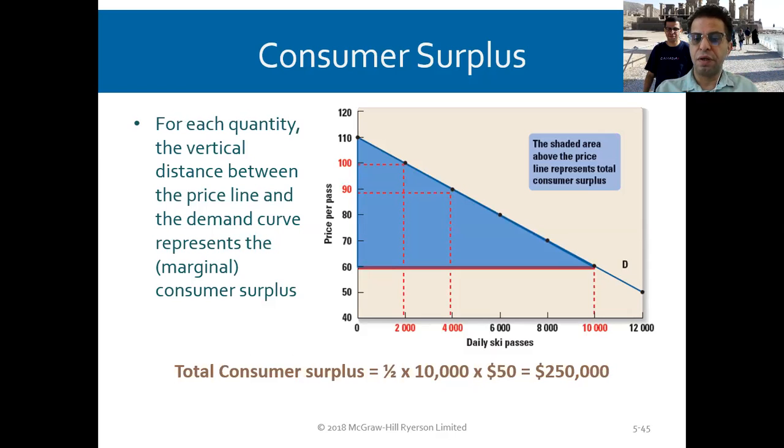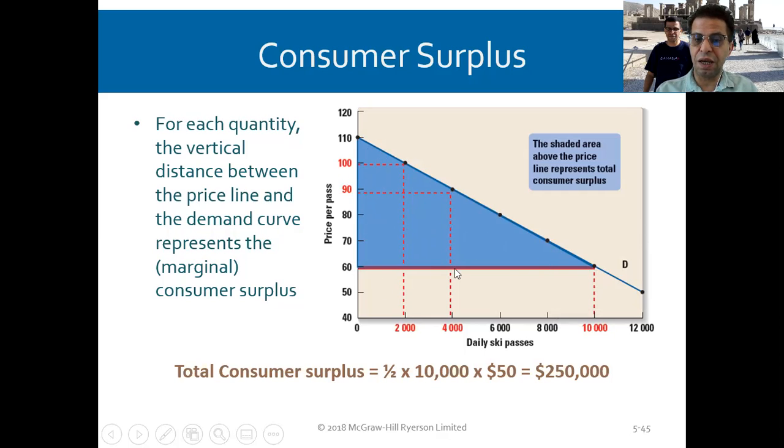In the graph, the shaded area above the price line represents the consumer surplus, because you're buying at a price of 60, yet you're willing to pay a price of 70, 80, but you're buying all this quantity at 60.